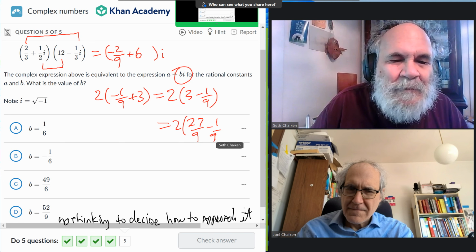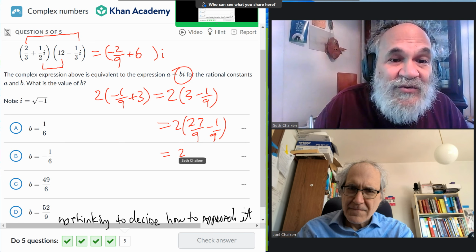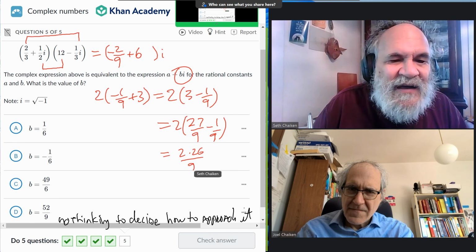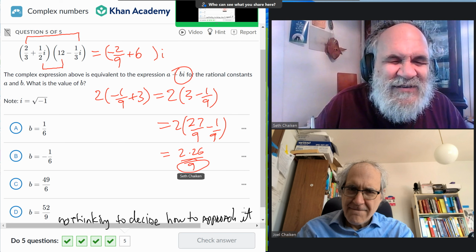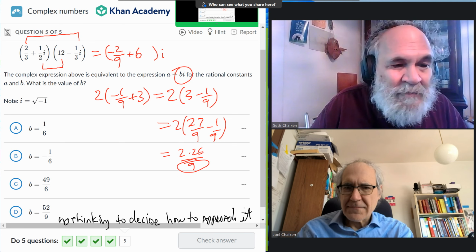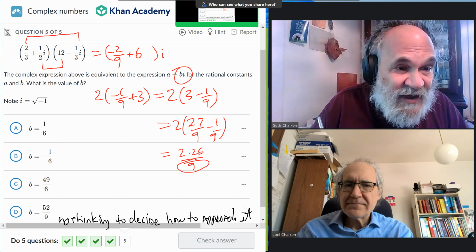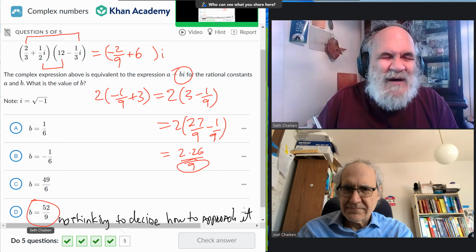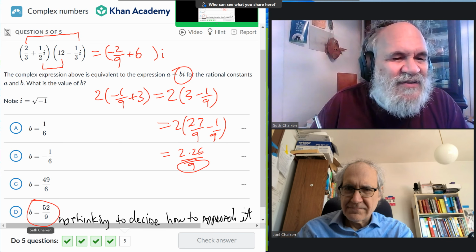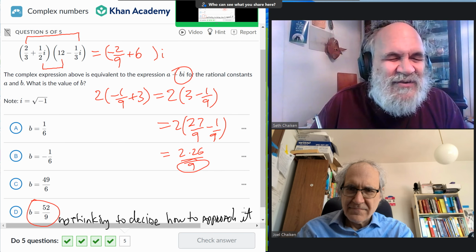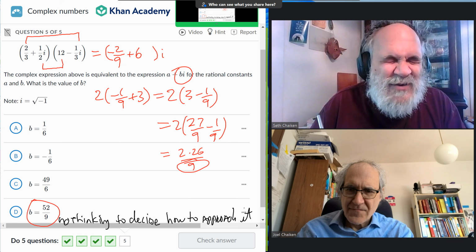Minus 1/9 is equal to 2 times 26 over 9. And there's no common factor. This is in simplest rational form. And the only answer that has a 9 in the denominator and is in simplest rational form is D. So I picked D.